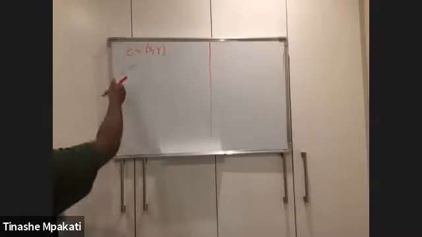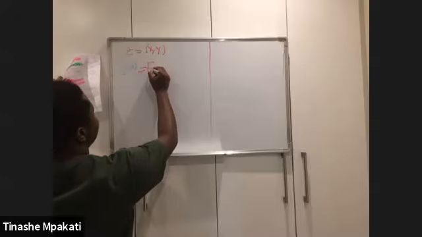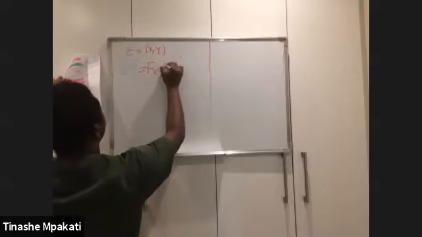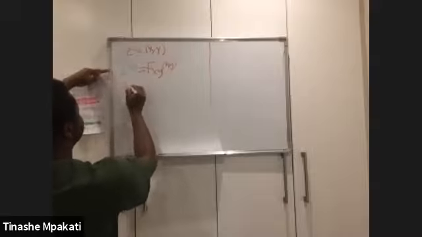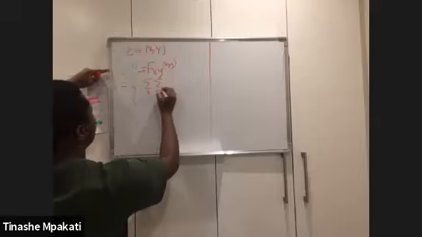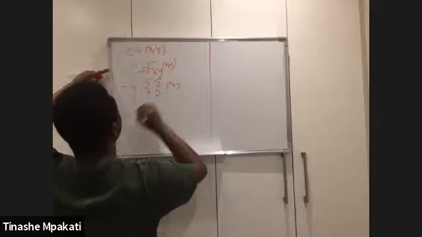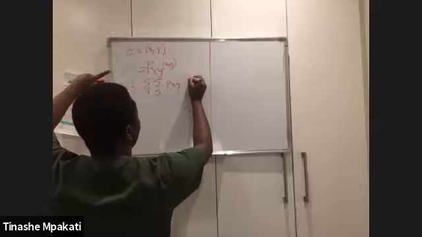Instead of writing the z there, I can write this as F of x, y. So finding the CDF, if it's a discrete case, I can simply sum over both x and y. What I will be summing is my joint PMF of my x and y.